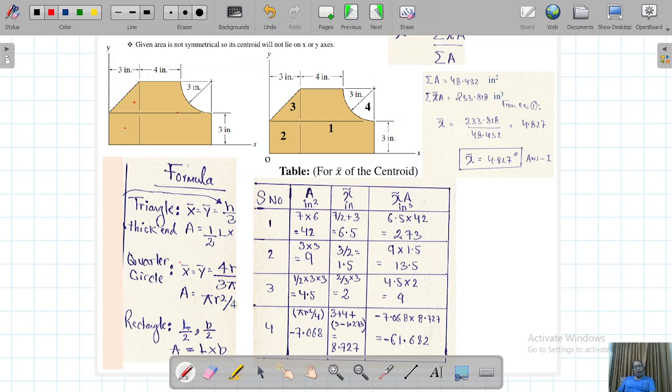So we will say that the triangle centroid will always be at h by 3.